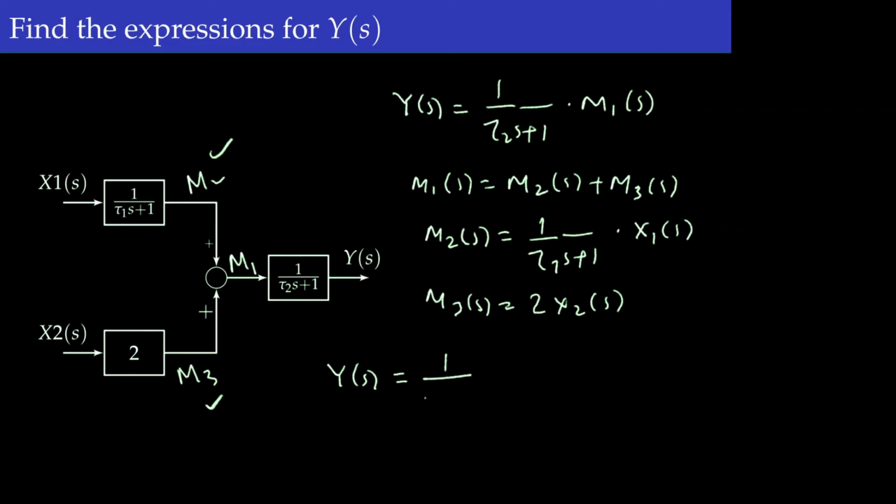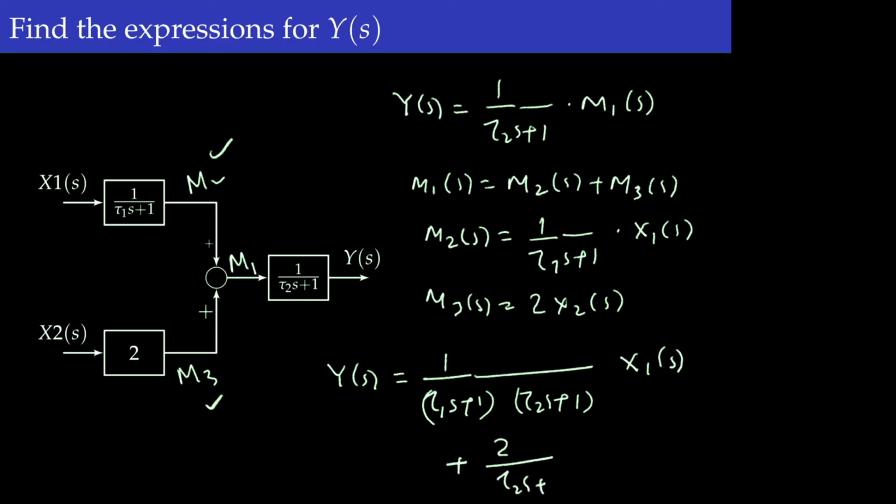So it will be eventually 1 over tau 1s plus 1, tau 2s plus 1 times x1s plus 2 over tau 2s plus 1 x2s. So that's the final expression for ys.